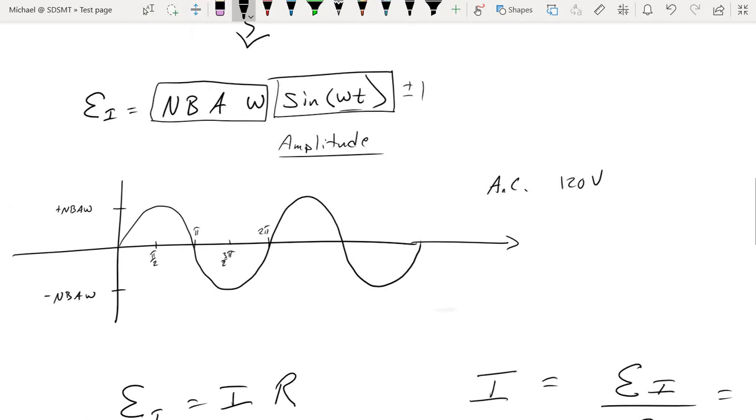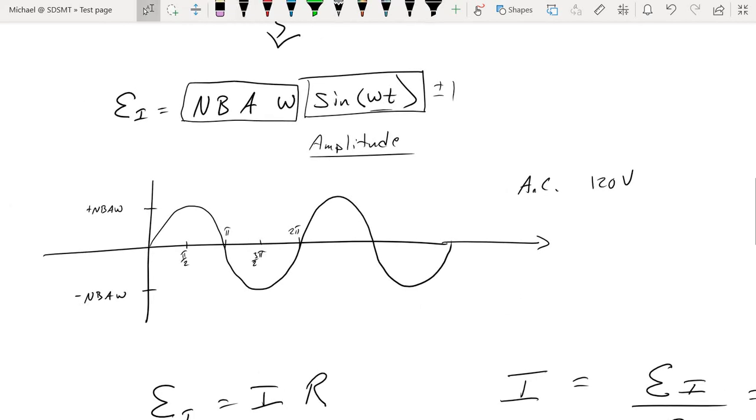And so what this means is that the electric potential that is sitting inside the wires of your house is constantly jumping back and forth between 120 volts.